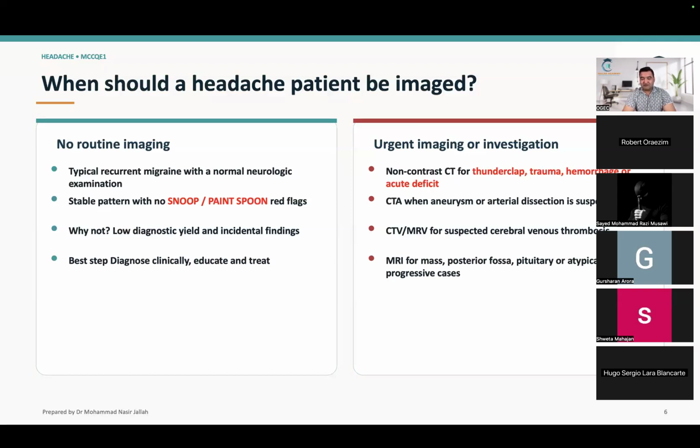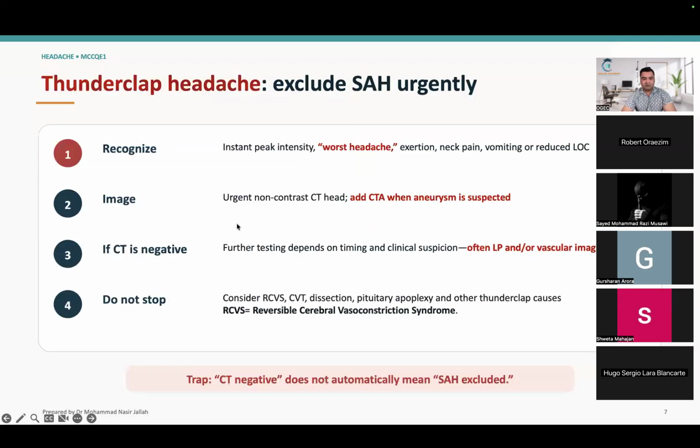For example, the patient has a headache but cannot move the right side or left side, or has numbness or tingling sensation on the right side after that head trauma. CTA when aneurysm or arterial dissection is suspected. CTV or MRV for suspected cerebral venous thrombosis. And MRI for mass, posterior fossa, pituitary, or atypical progressive cases, which we're going to cover all of them.